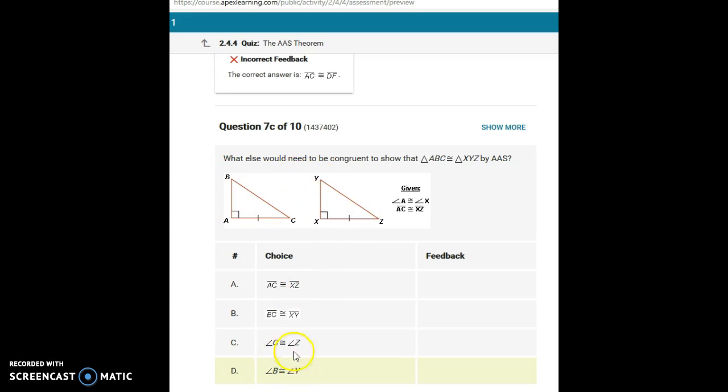Okay, so B and Y. B is our angle, then our angle that they gave us already right here, A and X. They already gave us those angles, and they already gave us the sides, AC and XZ. So we just have to find the angle. Here's the angle, B and Y. So it's angle, angle, side.